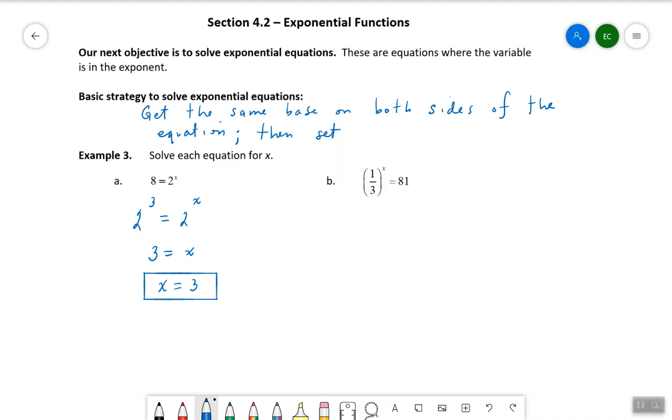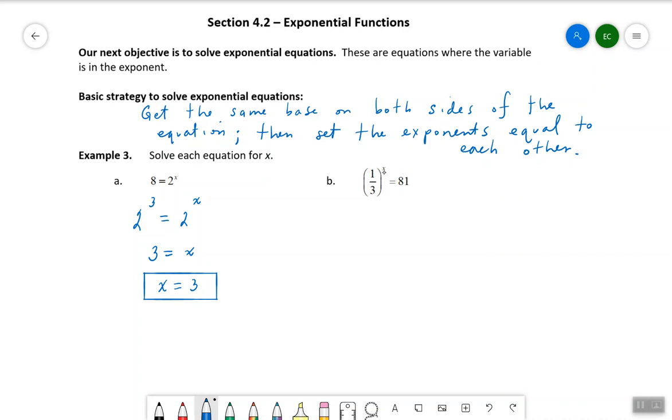Then what we do is we drop the bases and we set the exponents equal to each other. The problems will get a little more difficult than this first example. So let's look at the next one.